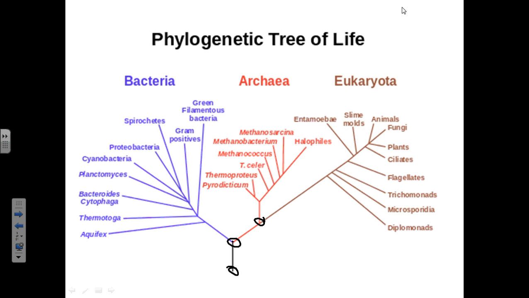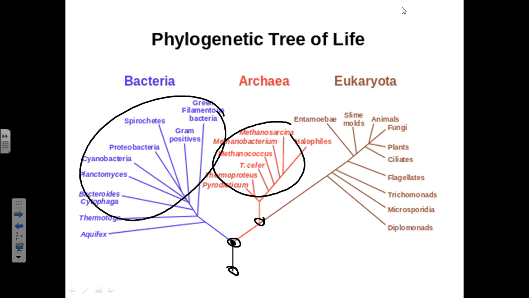So whatever was here was the common ancestor of bacteria, archaea, and eukarya. Whatever was right here, on the other hand, was only a common ancestor for archaea and eukarya. And that's one of the reasons archaea has been branched off and grouped separately from eubacteria, because they think archaea are more closely related to eukaryotes than they are to bacteria.